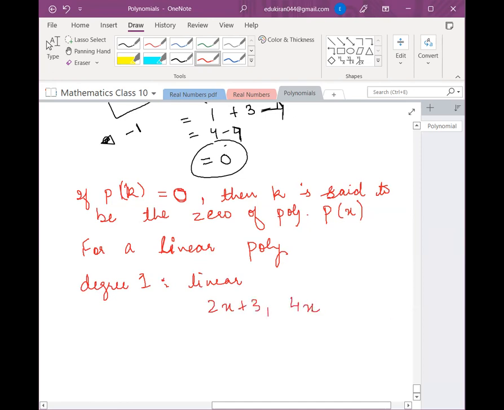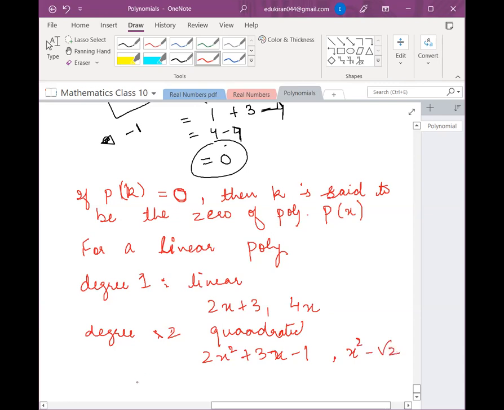Then if a polynomial has degree 2, this is called a quadratic polynomial. So that means 2x square plus 3x minus 1, this kind of polynomial. Or it can be simple like x square minus root 2. This is also a quadratic polynomial.